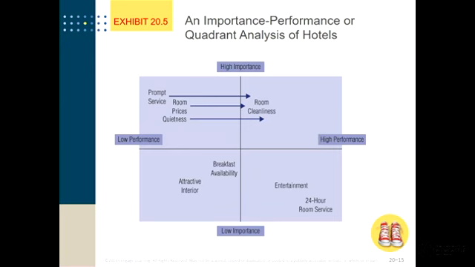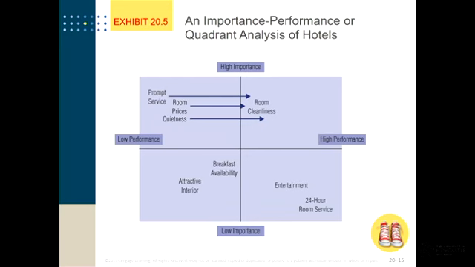You understand my point? Then, look at this quadrant. This is a combination of low importance and high performance. What does it mean? Entertainment and 24-hour room service are low importance variables, but their performance is high.